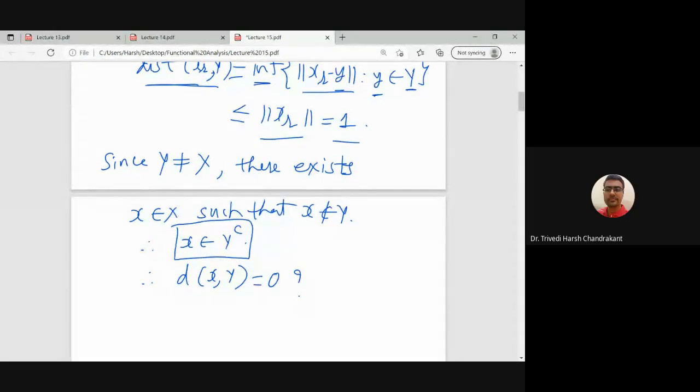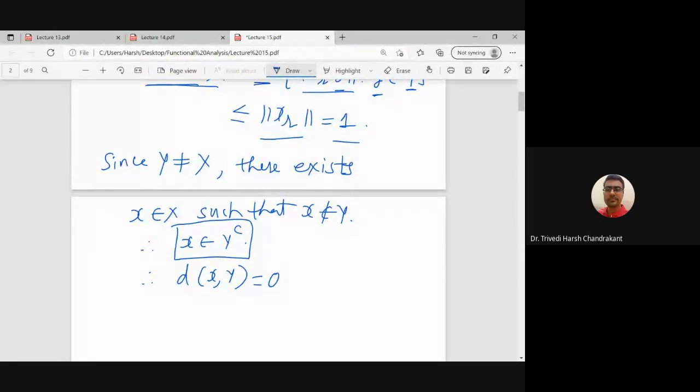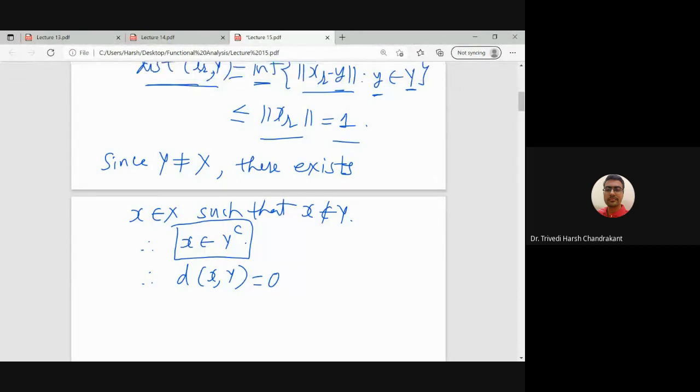We mentioned one result that distance is 0 if and only if x belongs to Y. So this is true whenever Y is closed. But now we know that x is not in Y. That means distance cannot be 0. And we know that distance is always non-negative.